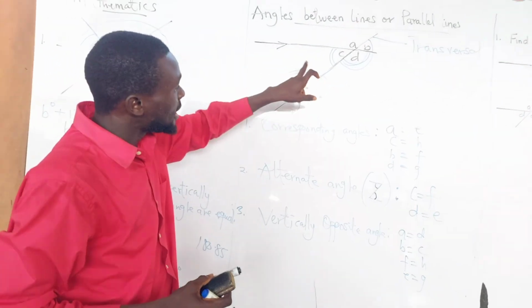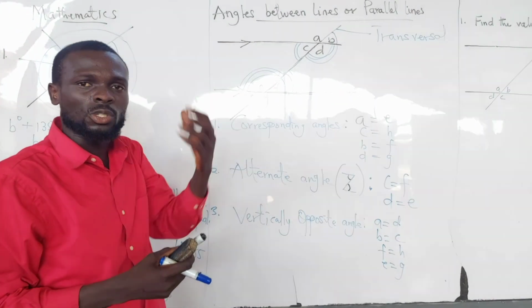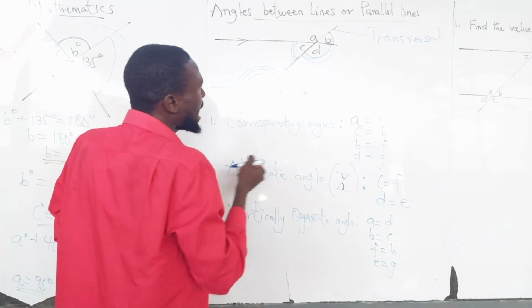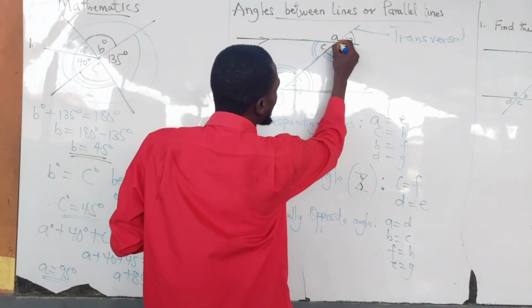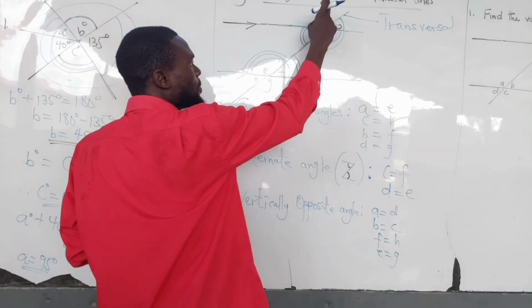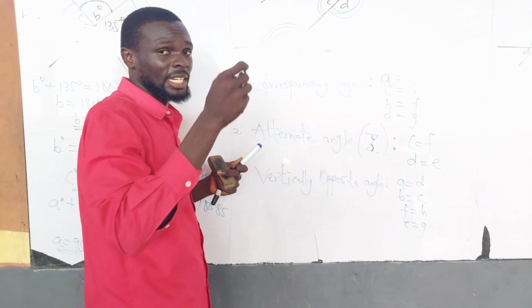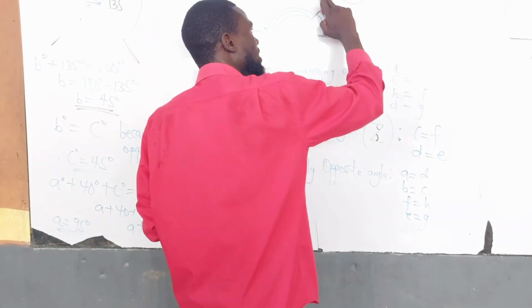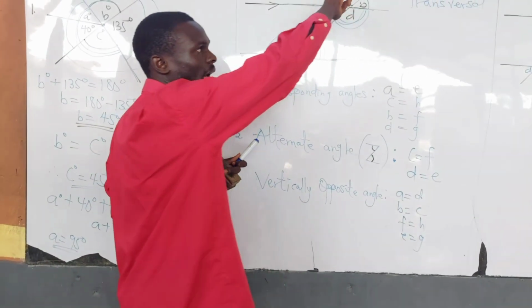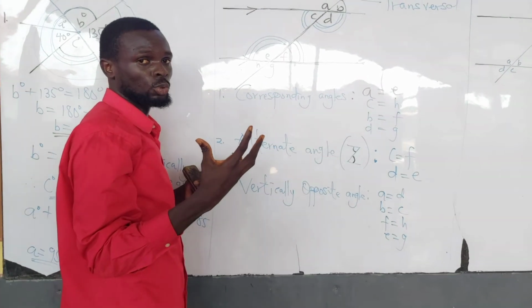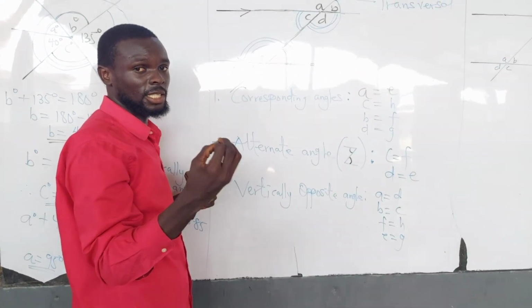Now we can also apply the angles on a straight line, where A and B happen to be on a straight line. So if you sum this and this, per what we did last week, you should get 180 degrees. If you sum this and this, because they are on a straight line, you are also summing up to 180 degrees.